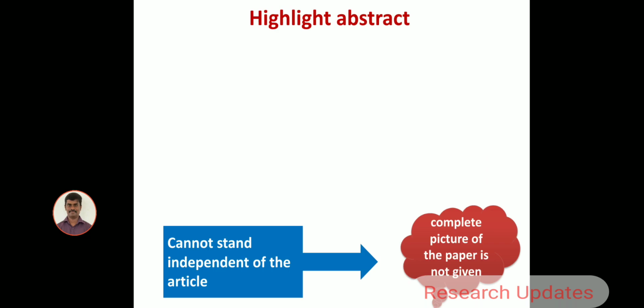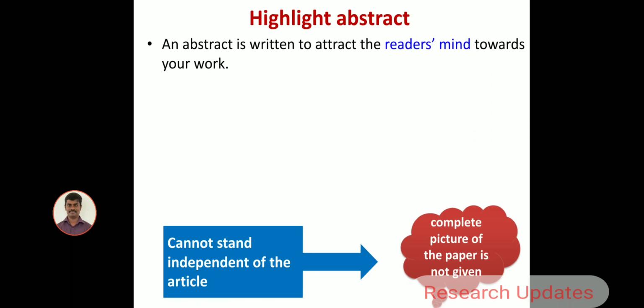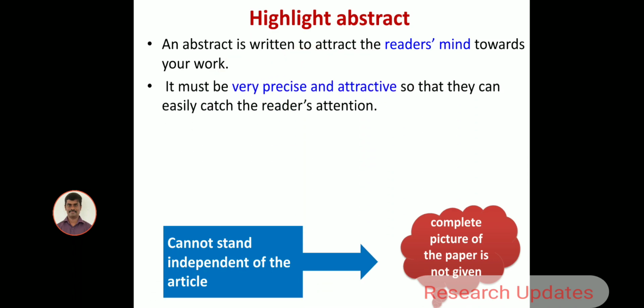The fourth type of abstract is called a highlight abstract. An abstract written to attract the reader's mind towards your work is called a highlight abstract. It must be very precise and attractive. That is the most important thing in a highlight abstract, so that it can easily catch the reader's attention.